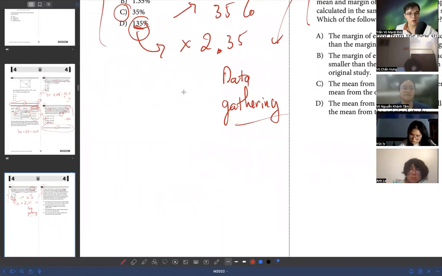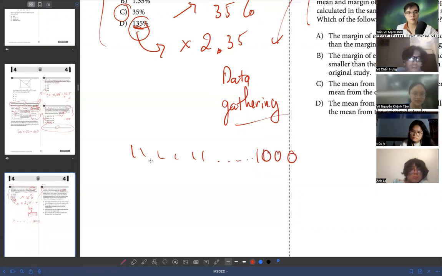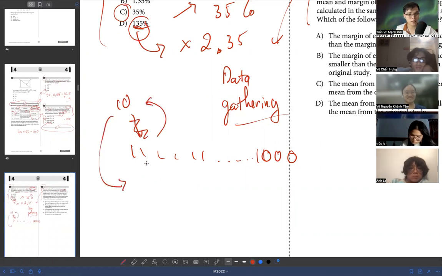If you are to give out a test to 1,000 people, it's going to be very costly. So this is basically what the scientists did. They found out that if I pick 10 random people out of this, I will get an almost perfect representation of this. What does it mean?